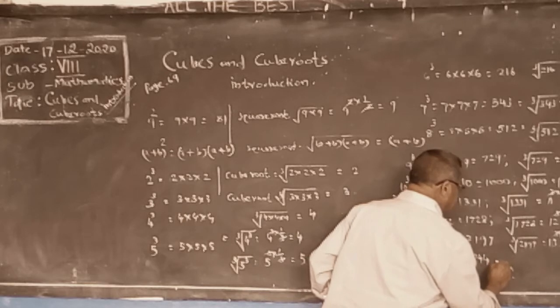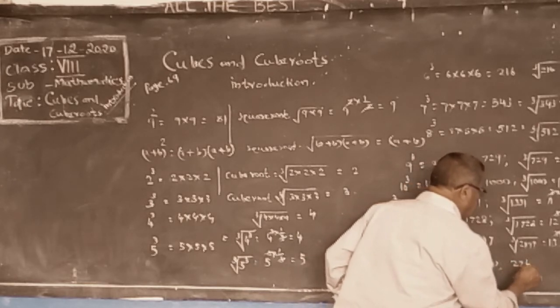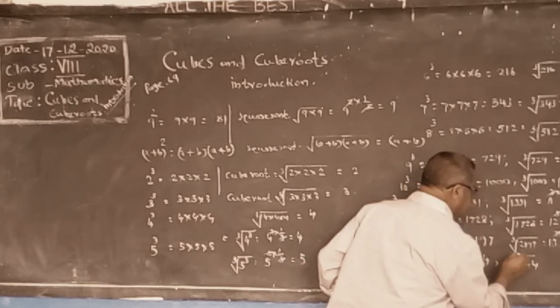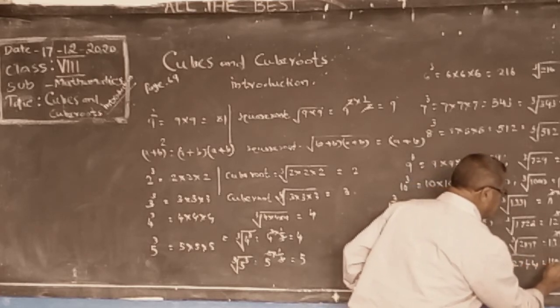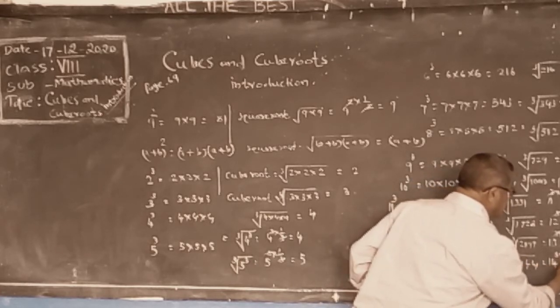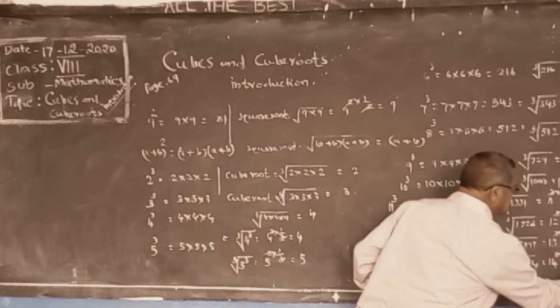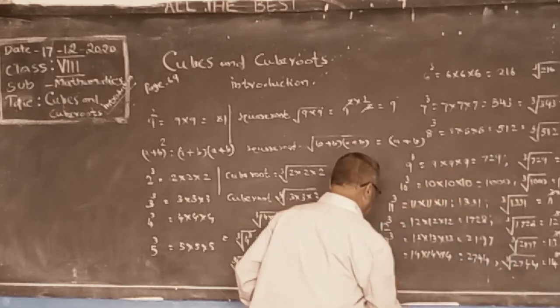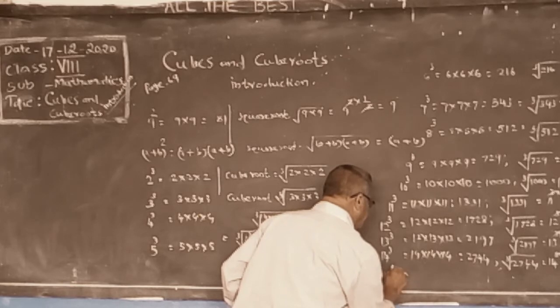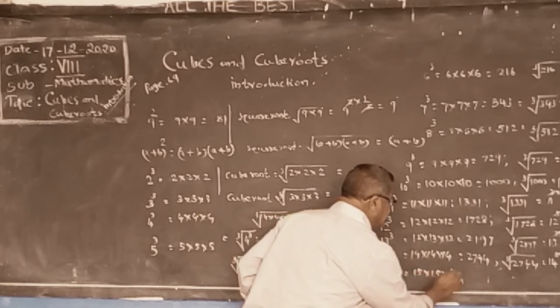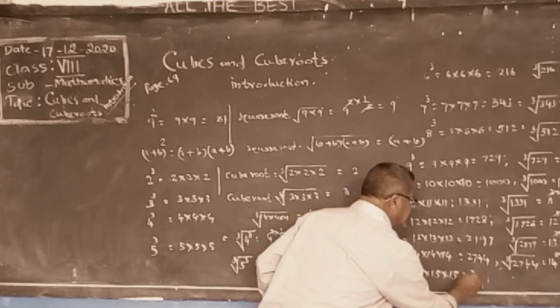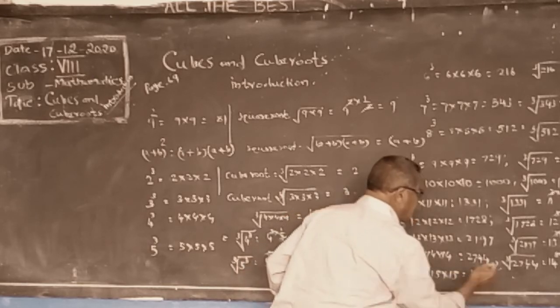The cube root of 2744 is written like this: 14 cube into 1 by 3. The 3s cancel, this is 14. And 15 cube, 15 into 15 into 15, this is 3375.